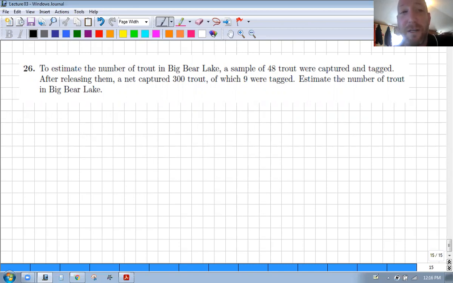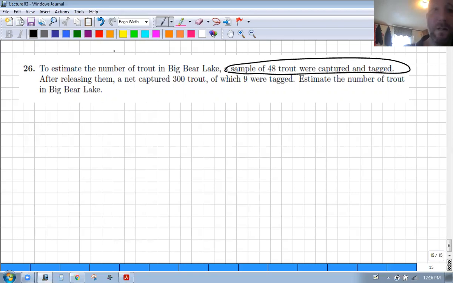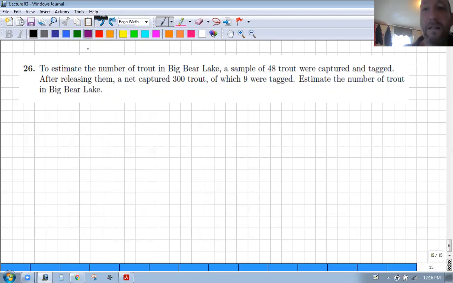Estimate the number of trout in the whole lake. So these are kind of cute here. They reached in the lake, grabbed 48 and tagged them.